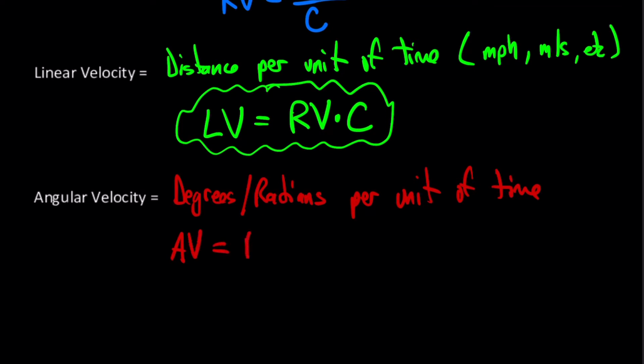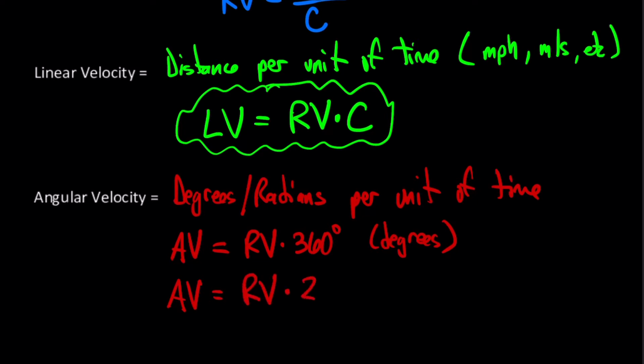One of them would be rotational velocity times 360 degrees. And obviously we're talking degrees here. Or angular velocity would be rotational velocity times 2 pi radians, and that's in radians. Usually it will just say find the angular velocity, so you pick. And I'll be honest with you, if it's calc inactive especially, it's usually easier to talk about radians because all I have to do is multiply by 2 pi. Pretty easy to do.